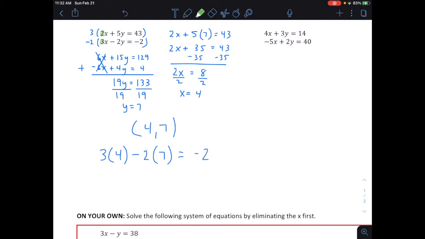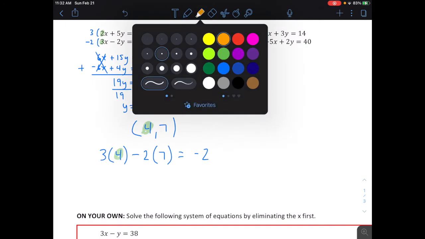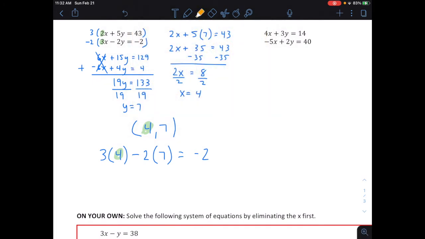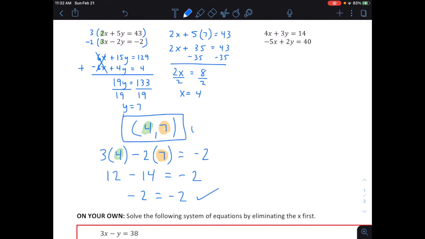Okay, so the 4 replaces the x, and the 7 replaces the y. Everything else is the same. So we have 12 minus 14 equals negative 2. Well, 12 minus 14 is negative 2. So that makes sense. So it checks out. So I know this is correct. It's a good answer.